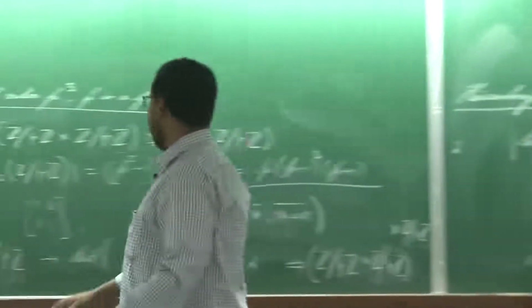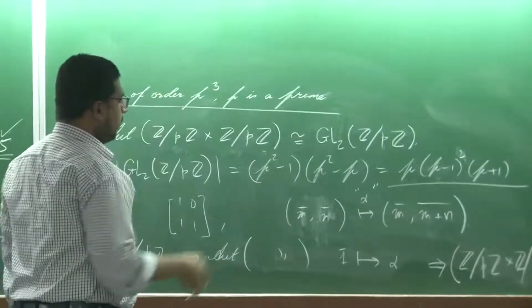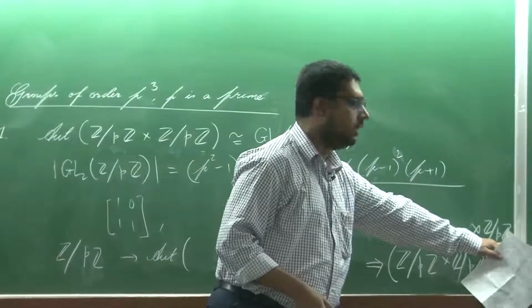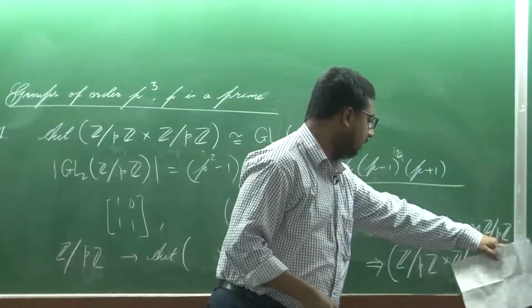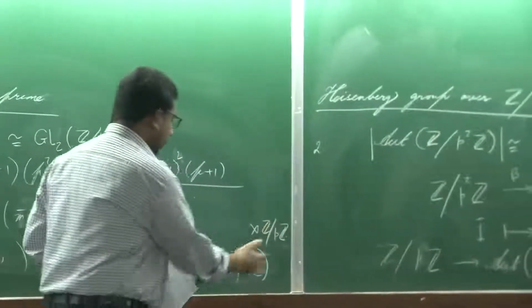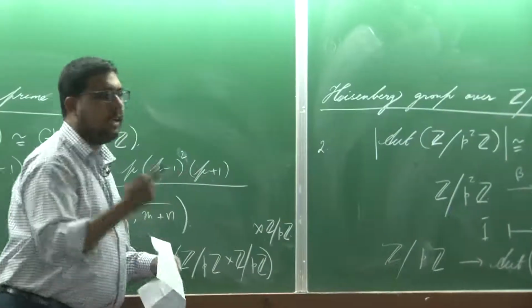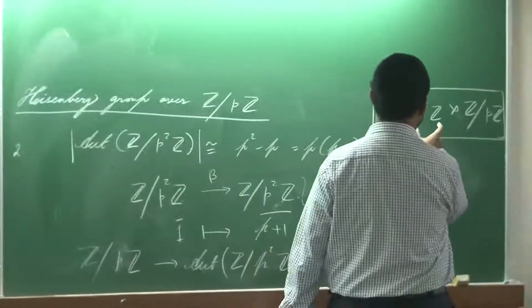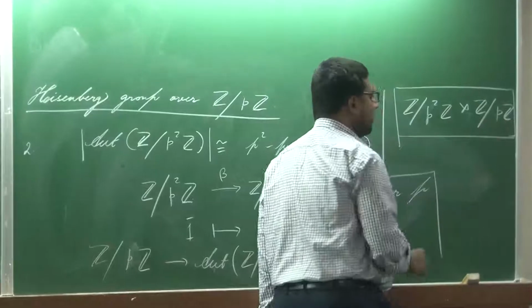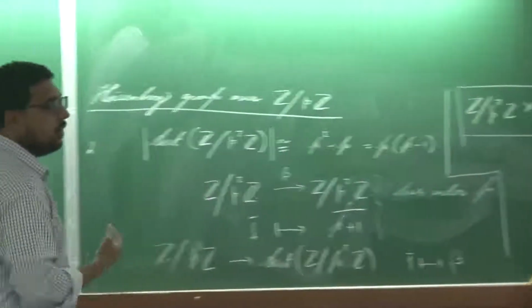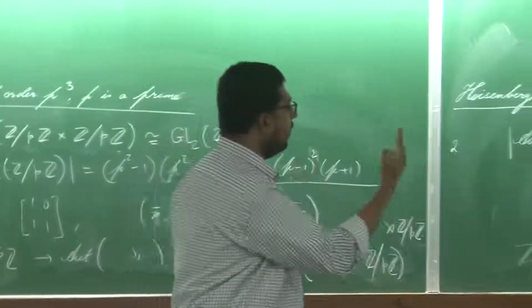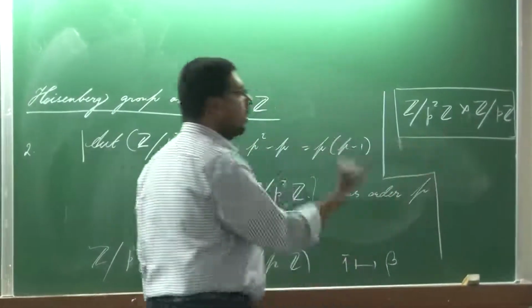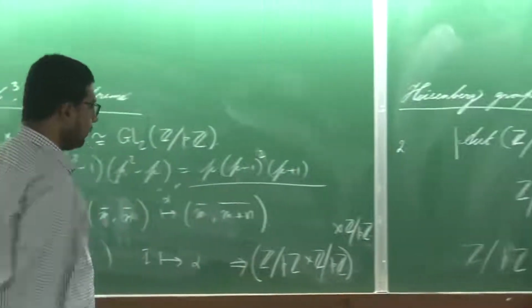Thus we have seen that by taking the semidirect product of two copies of Z modulo Pz with one more copy of Z modulo Pz we get exactly one non-abelian group, and similarly by taking Z modulo P square Z and Z modulo Pz, by considering the semidirect product, we obtain one and only one non-abelian group.